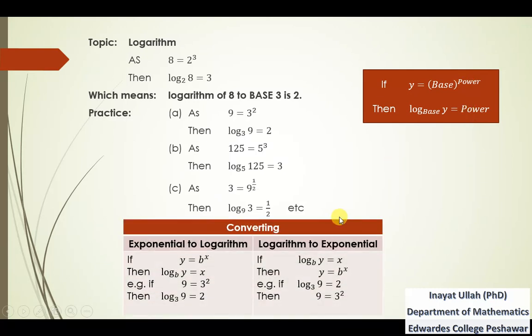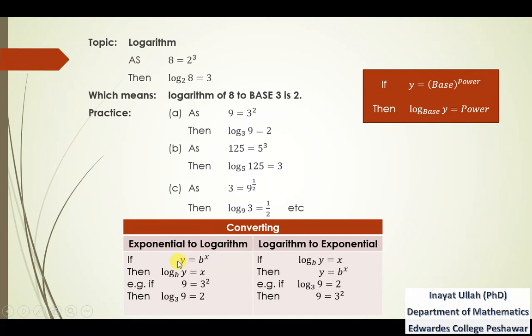Now that is the difference between these two. Whenever we are going to convert exponential form to logarithmic form, this exponential form will be given to us, and we will be converting it into logarithmic form. How could we convert this form to log form?